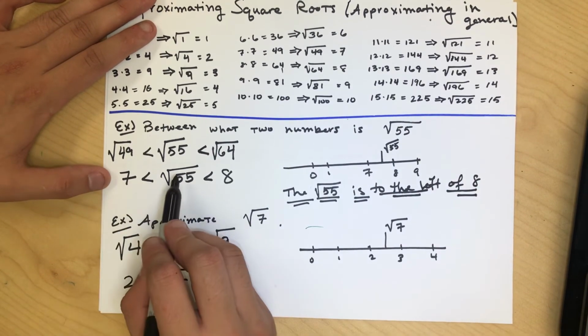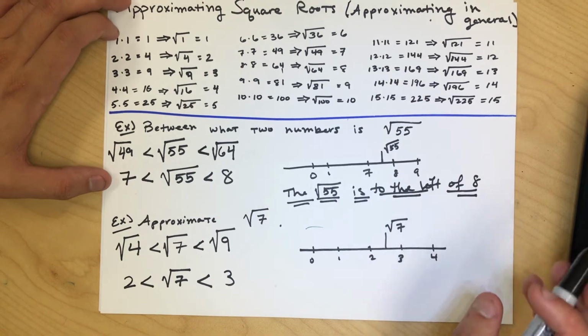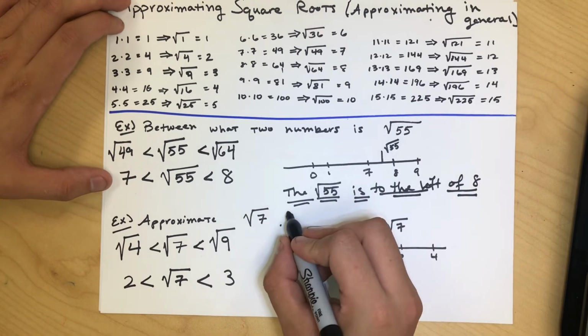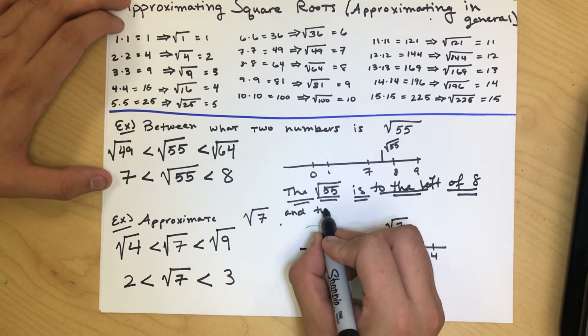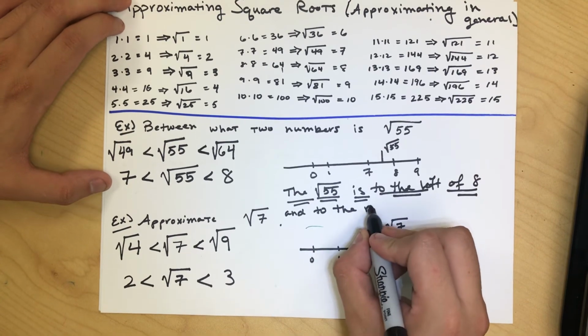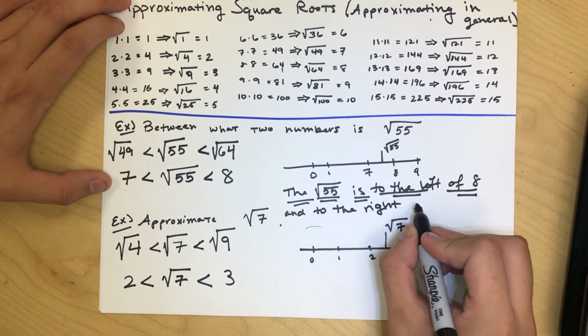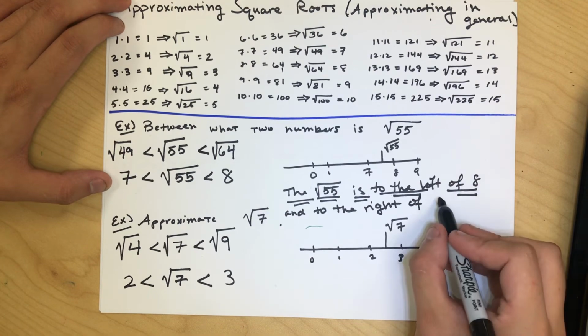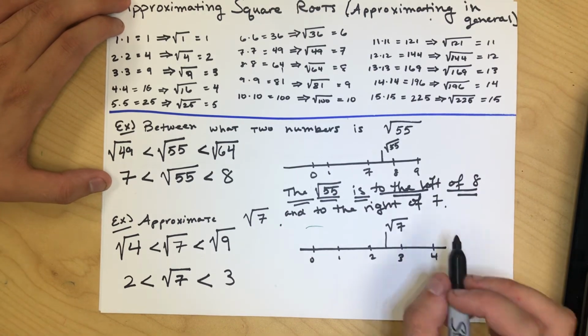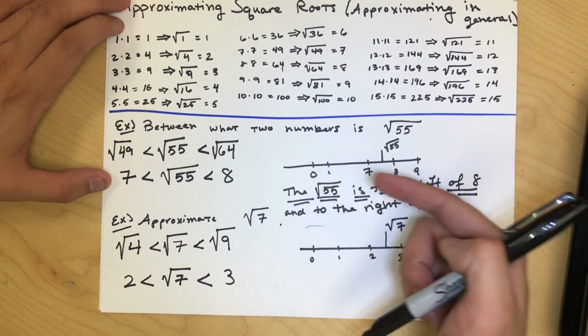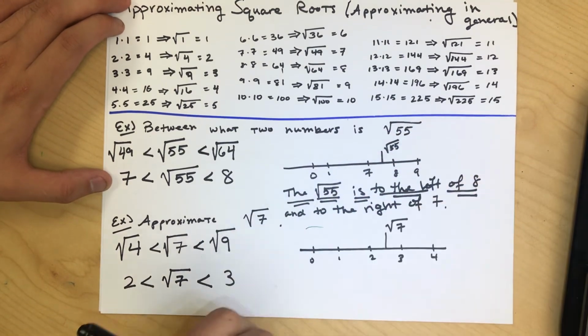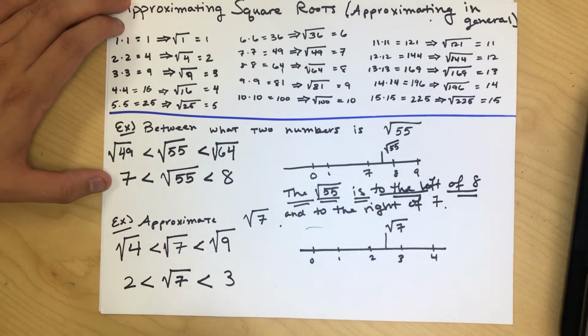It's in between 7 and 8. So it's to the left of 8. And then maybe we could also say, and to the right of 7. So the square root of 55 is to the left of 8, but to the right of 7. That's why it's right in between here.